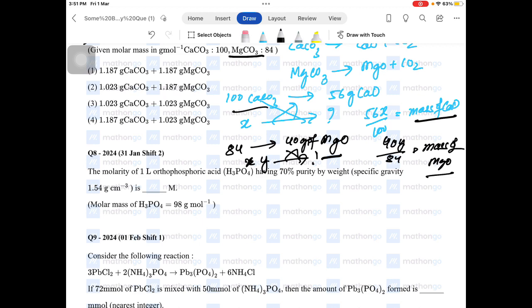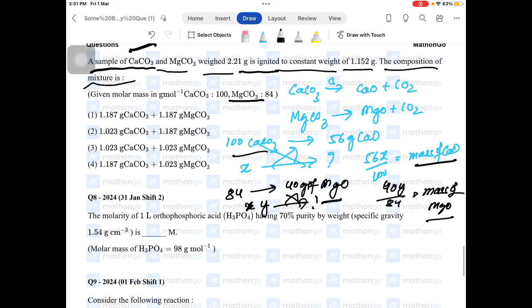So for that, take the mass of calcium carbonate, that is directly proportional to this, right?